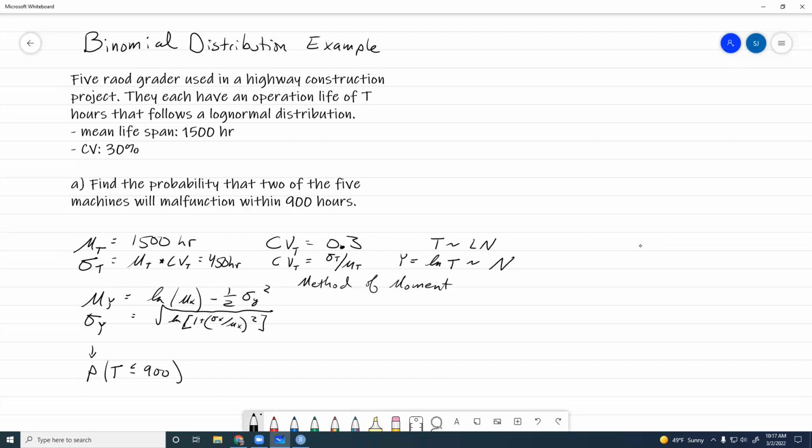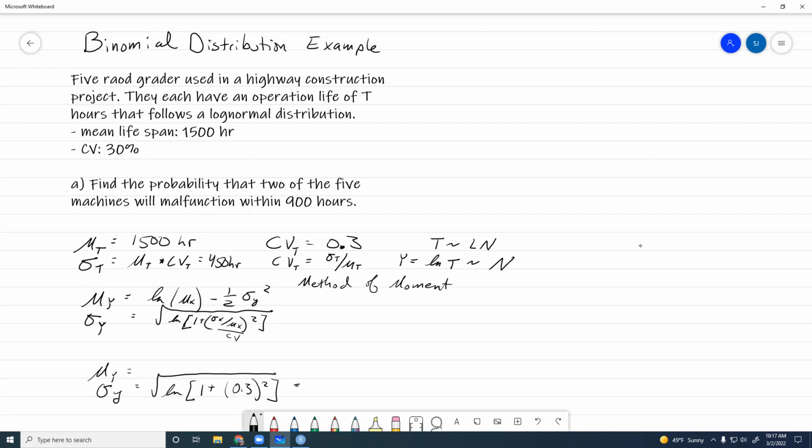All right, so we have the information we need to plug those numbers in. Let's go ahead and do that. But we have to do sigma Y first. So we'll just plug in the coefficient of variation right there. So 0.3 squared.